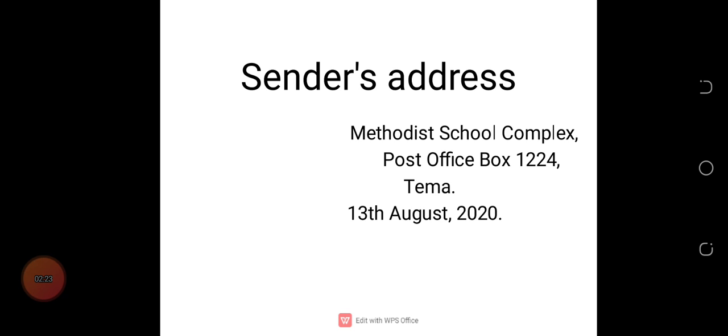The date would have to come under the first thing you wrote, under the name of the school, which is your address. Assuming you were writing the straight form, we would have the post office box coming under the Methodist School Complex, then the Tema also following in that line, then the date.